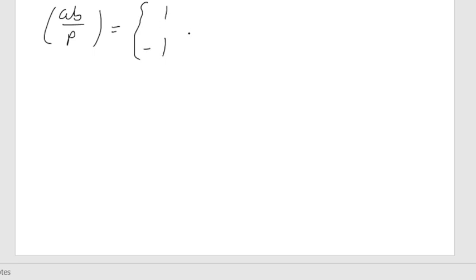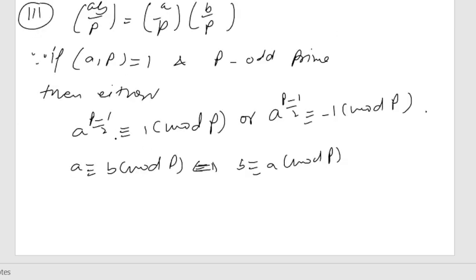In both the cases, it is equal to (AB) to the power (P minus 1) by 2 modulo P. Why? Because it is equal to 1 or minus 1.